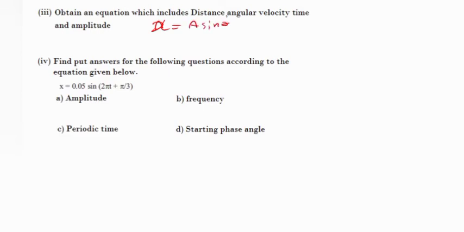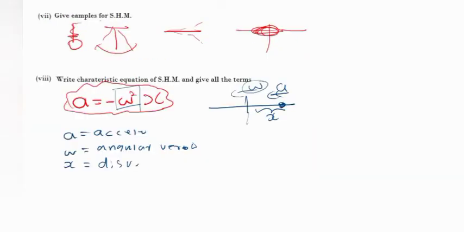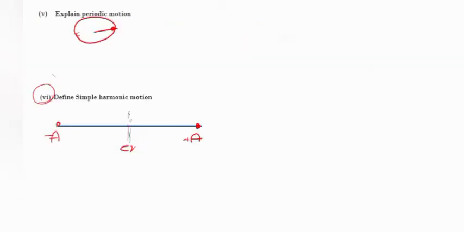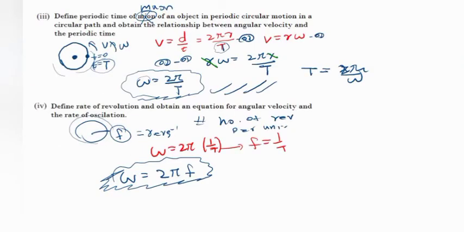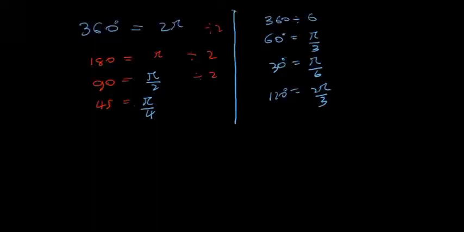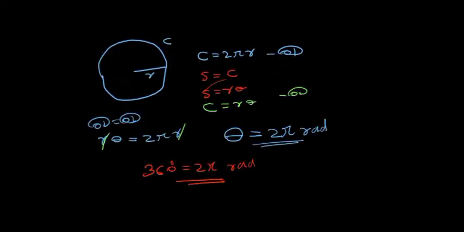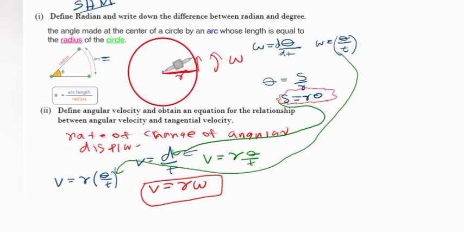From the very previous results, let me show you. That's why I told you to remember these equations really carefully. Now we have these results: s equals r theta, and omega is equal to theta over t. So you can get theta from this one. Theta is equal to omega t.